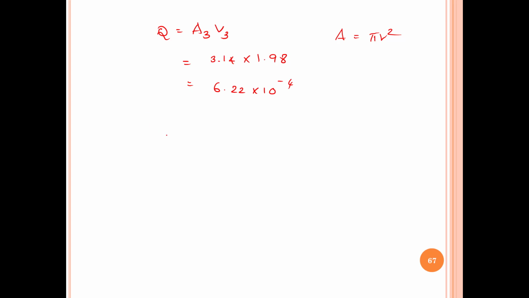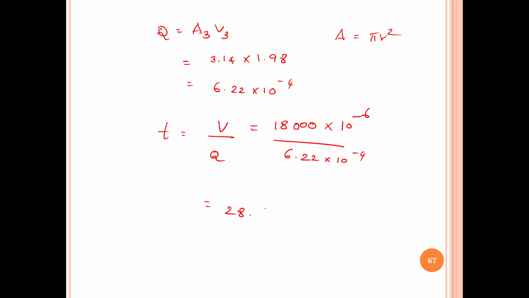So now we can calculate the time taken to fill the cavity: volume divided by flow rate. Here the volume is given in the question, 1830, which we have to convert to meter cube, divided by 6.22 into 10 power minus 4.